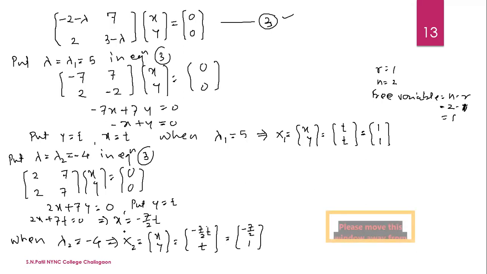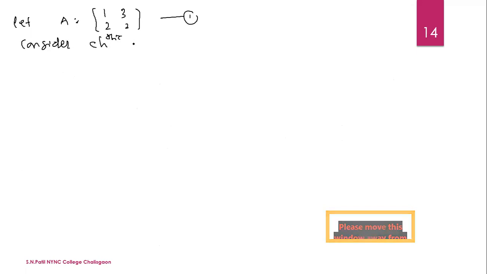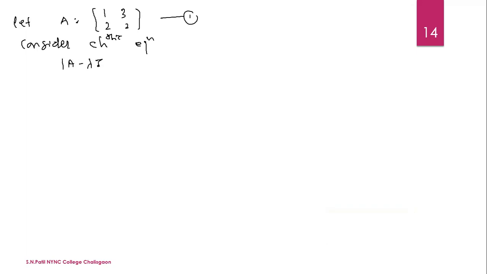Okay, similarly we solve the second example. Let A is equal to [1 3; 2 2], say equation number 1. Consider the characteristic equation, determinant of A minus lambda I is equal to 0.